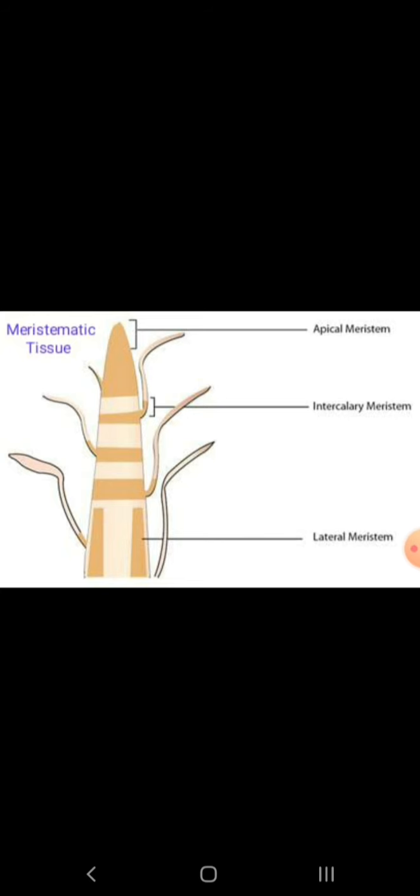For example, to cut anything with a knife, we need the surface to be soft. You can easily cut an apple with a knife, but you cannot cut a stone with it. Hence, the cell walls of the meristematic tissues are thin so that division can take place.